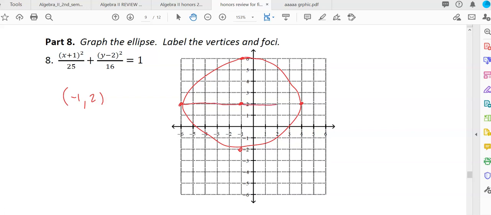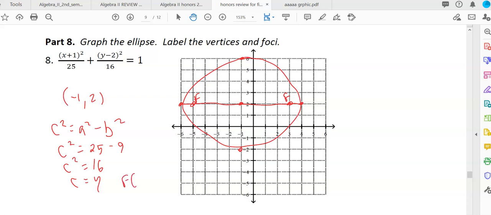The longer axis is this one. It's horizontal. So a distance of c units away. So c squared equals a squared minus b squared, I think. Hopefully I'm getting that right. So c squared equals 25 minus 9, which is 16. So c equals 4, so I'm going to go 4 to the right, 4 to the left, make my focus points. The foci would be at plus or minus 4, comma 0.